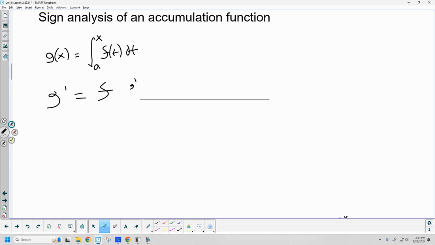G prime equals F. If that changes sign, G, which actually is the antiderivative of F, but we won't say it because it confuses students, increases and decreases. The area under G prime, which is the area under the F, is the amount that we increase or decrease.